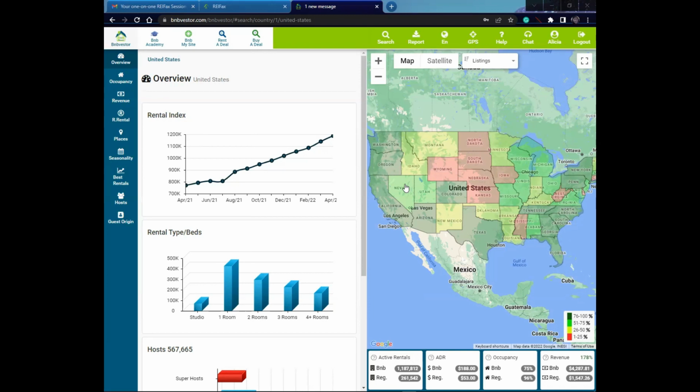With the light green, Nevada, Utah, Missouri, Illinois, we have between 51 and 75%. The yellow ones, we're talking about Montana, Idaho, New Mexico, Oklahoma.